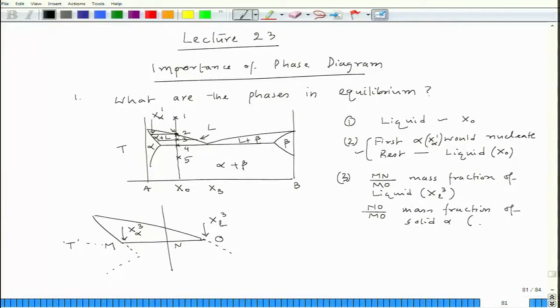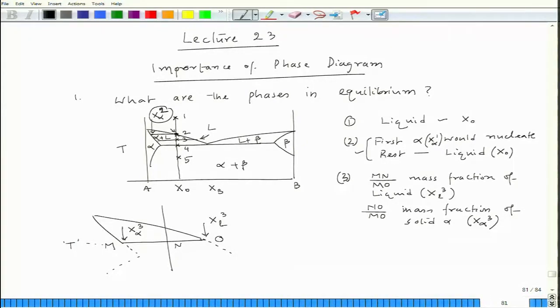I just would like to make a small change: since I am considering point 2, we should put it as point 2 here, corresponding to the temperature at point 2.